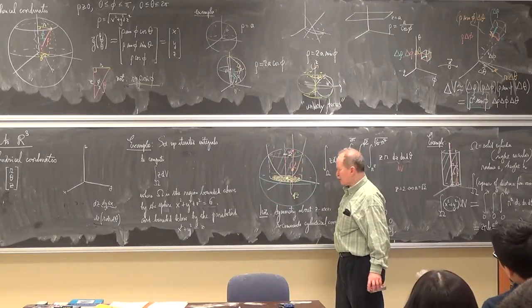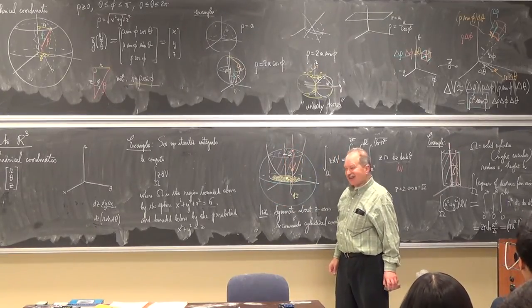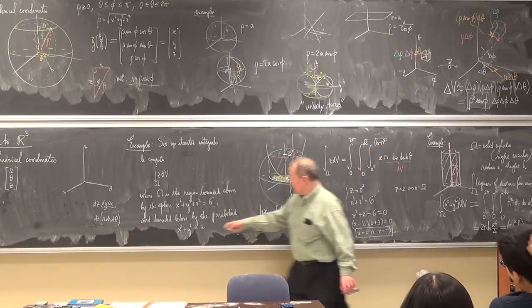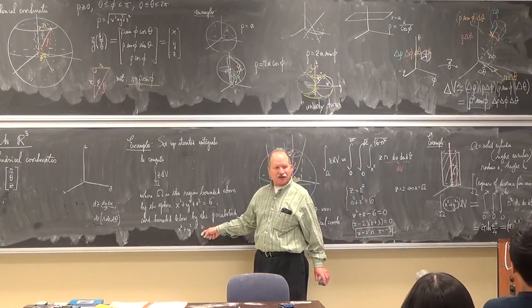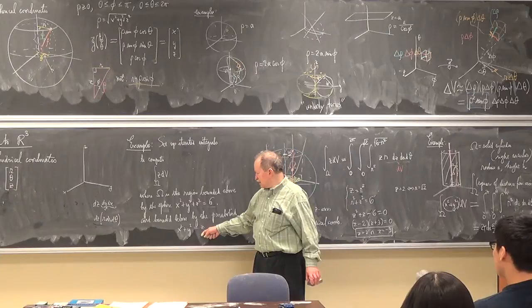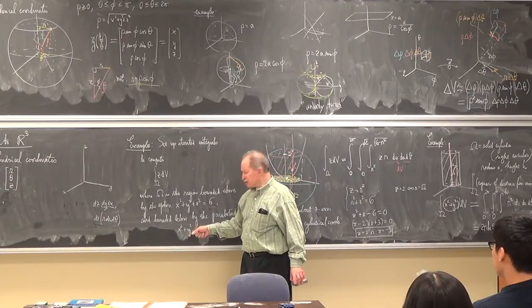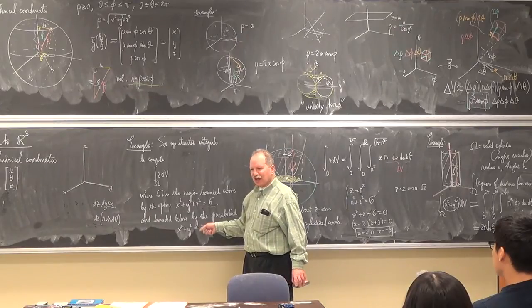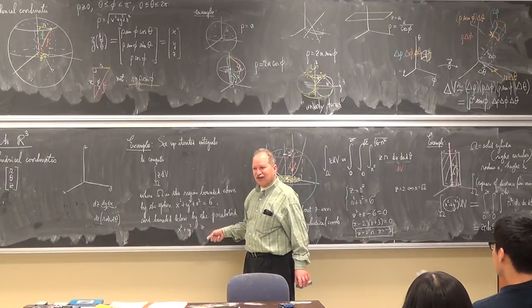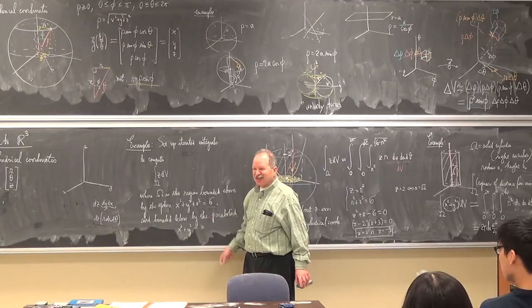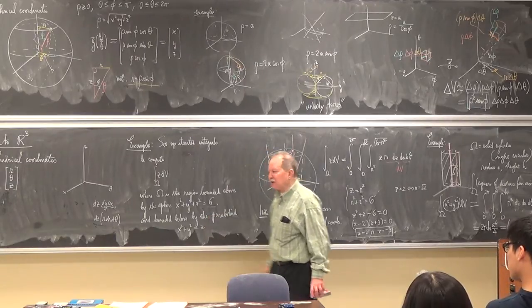The parabola is yucky. If you try writing this equation in spherical coordinates, it's not going to be pretty. There's no thetas in it, but you're going to have rho being something like cosine phi over sine phi, cotangent phi. It's just not very nice, but you could do it if you had to.